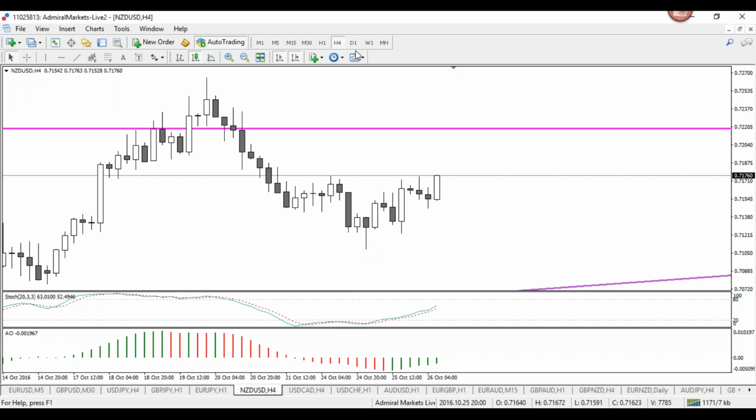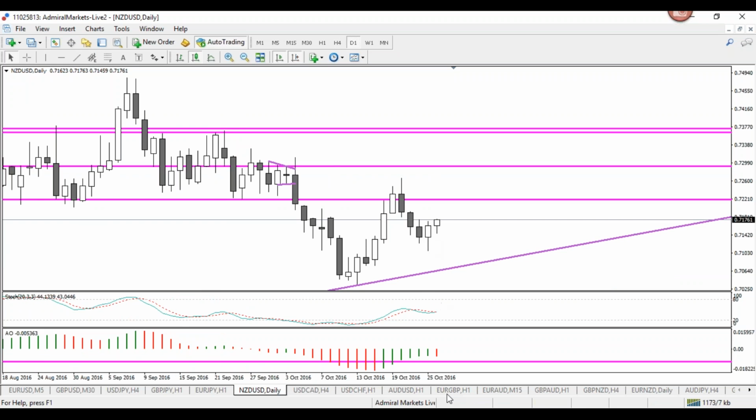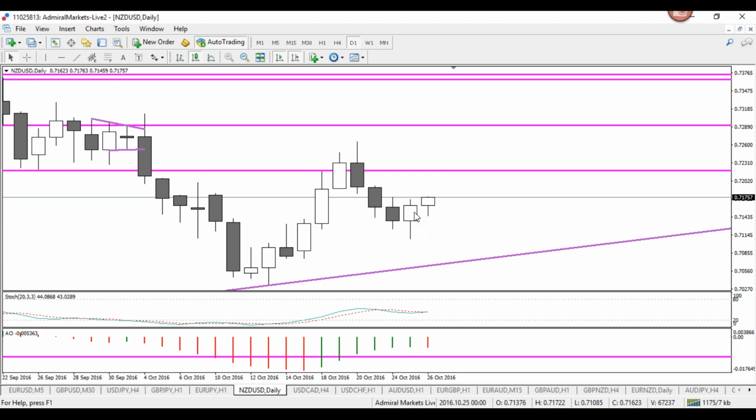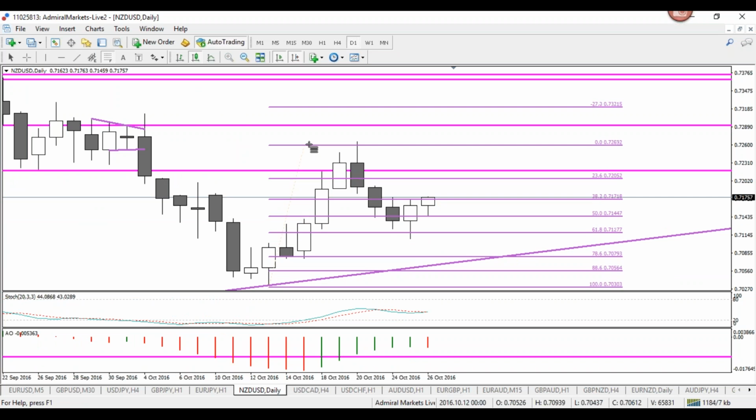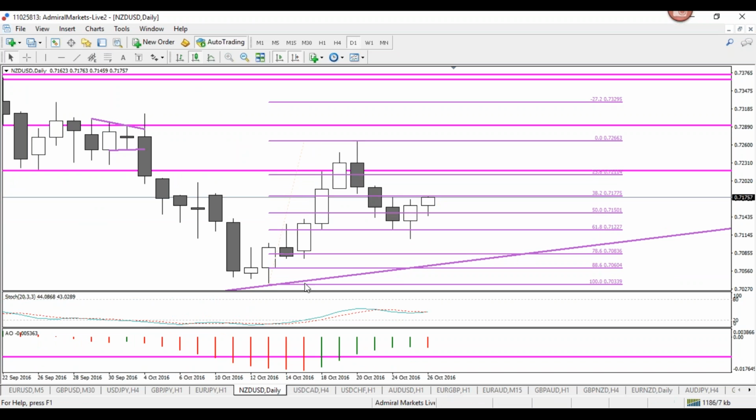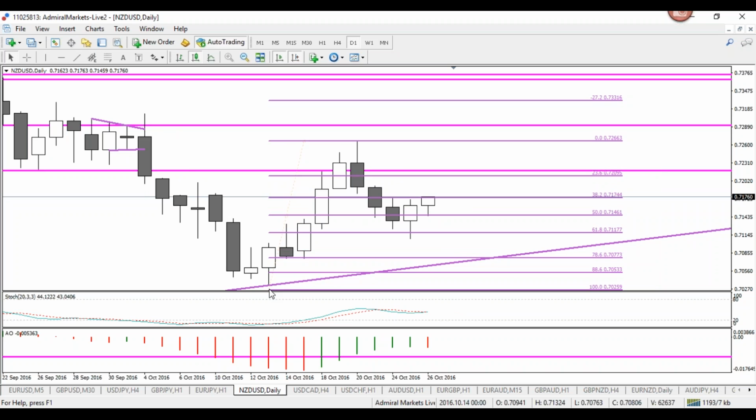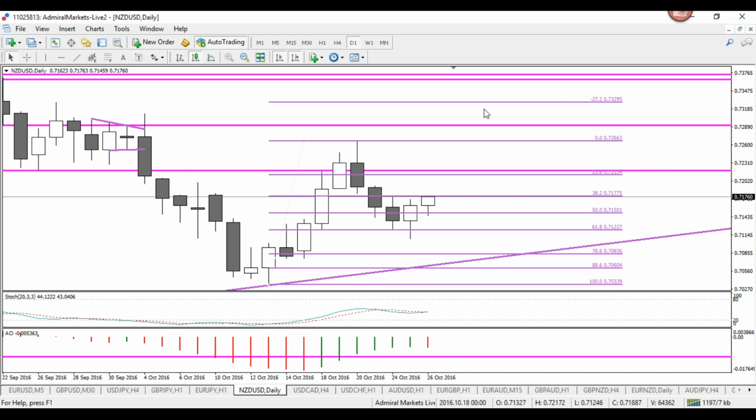Bullish candles, daily and bullish candle. Just based on this daily candle, it could be worth maybe a daily long position here, stop loss below that candle, targeting 73.20. Wait, sorry. Let me make sure this fib is correct. That's important. 73.25.